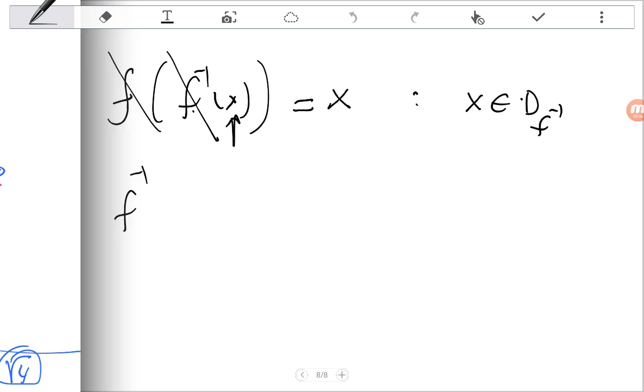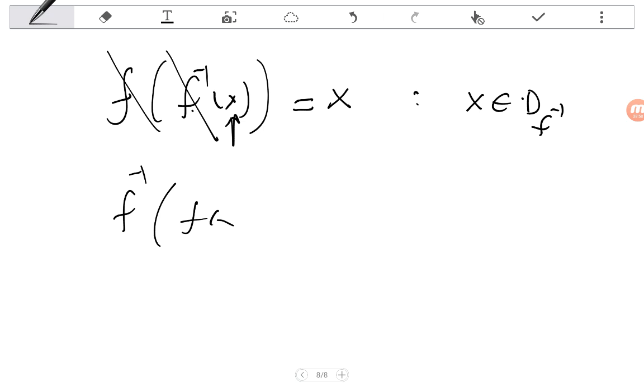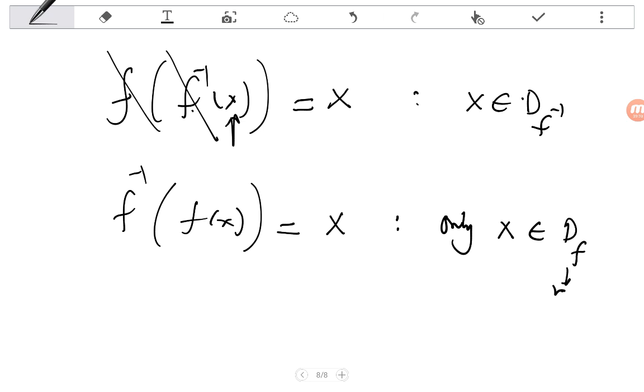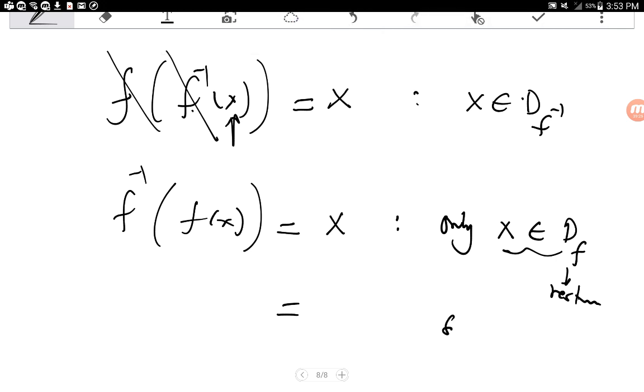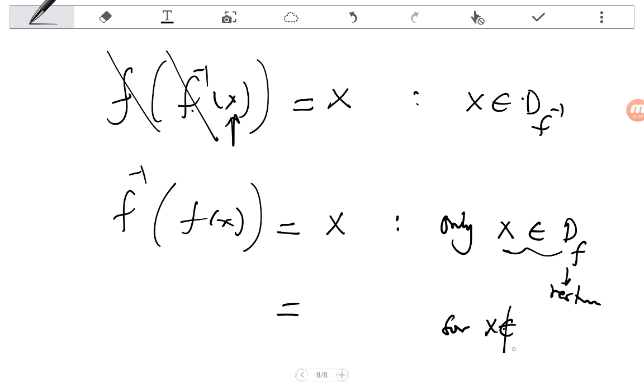For example, f inverse of f of x will be x only in the case of x belonging to the restricted domain of f. But I may have other values when x does not belong to the domain of f.